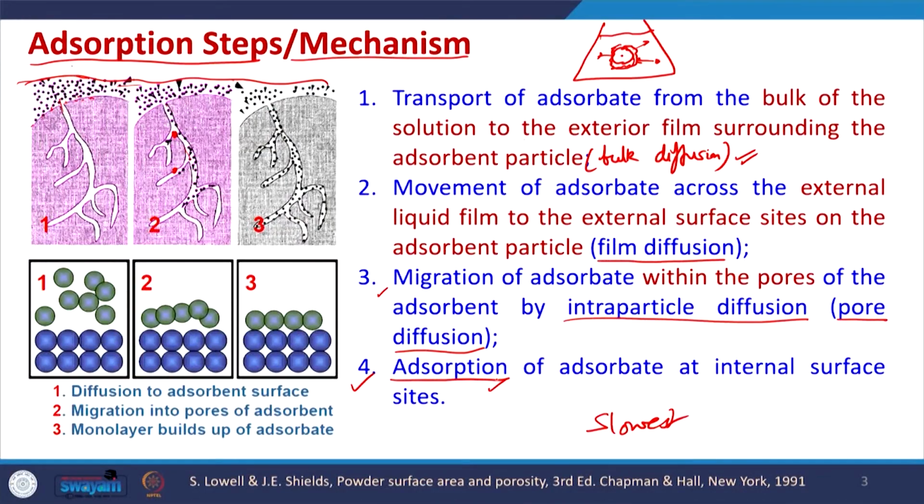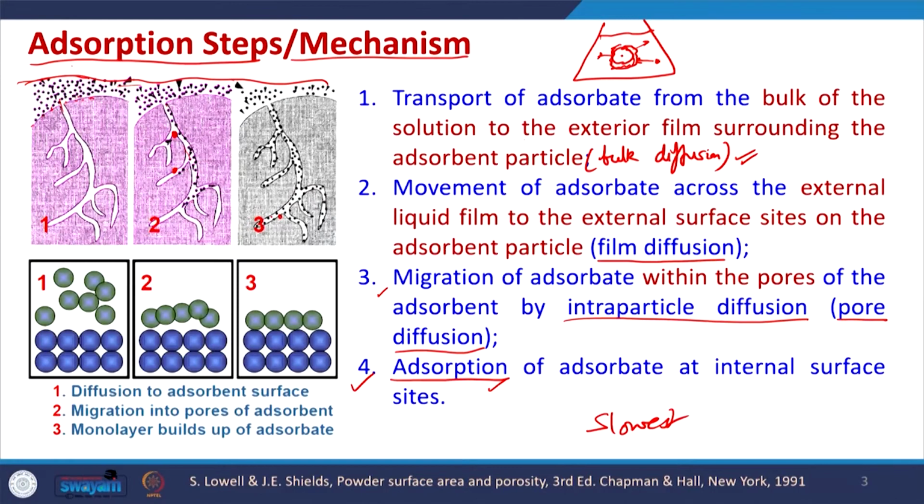Now, the fourth step is where the adsorption of adsorbate at the internal surface site occurs, and that may occur by two mechanisms. One is that there is some chemical bonding occurring, where the surface site contains some polar functional groups, the adsorbate is also polar and they are of opposite nature.